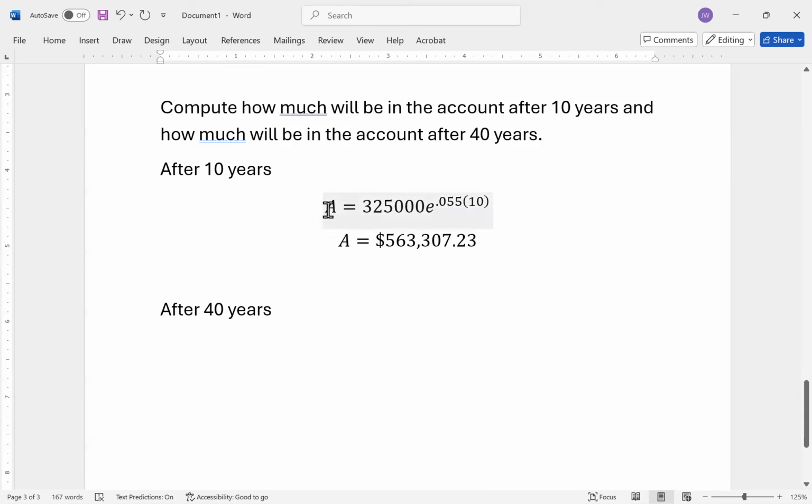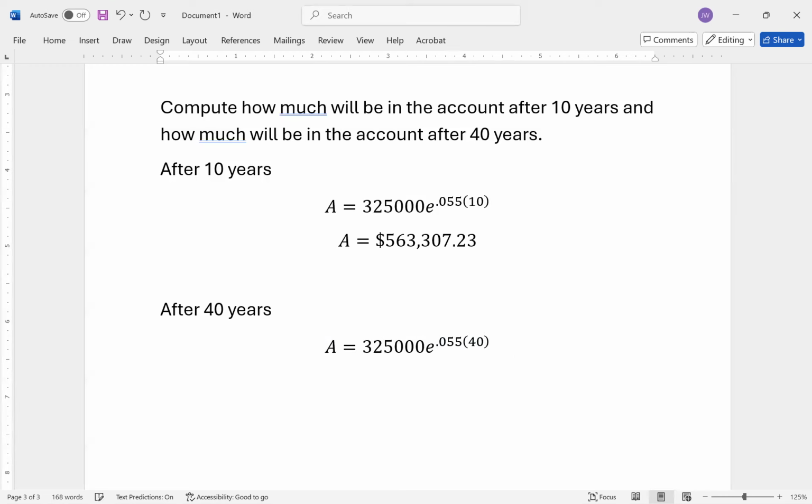After 40 years, we do the same thing. We take this expression and all we do is change the 10 to a 40.